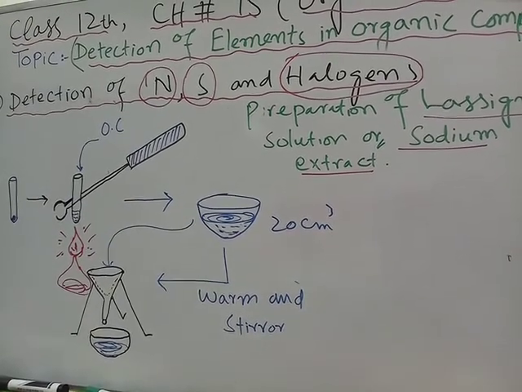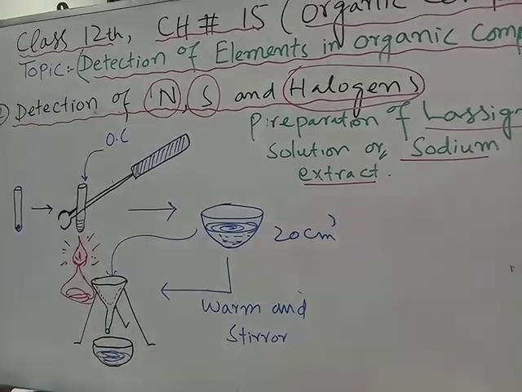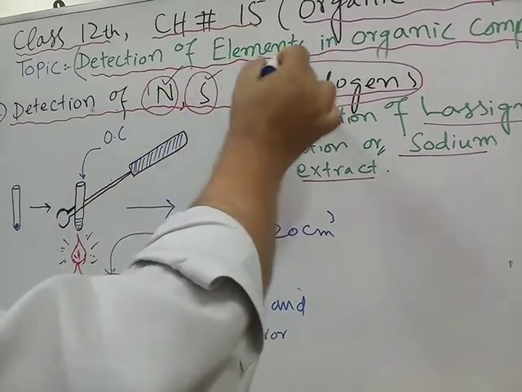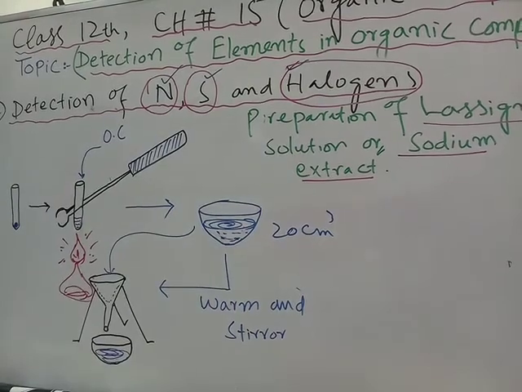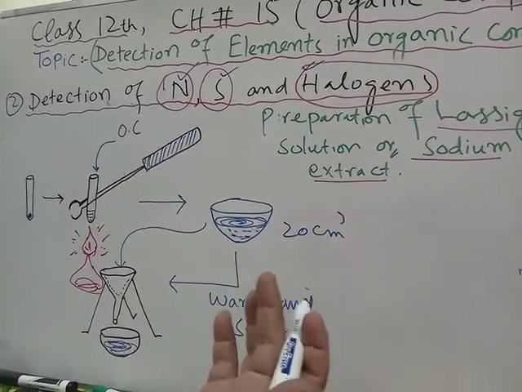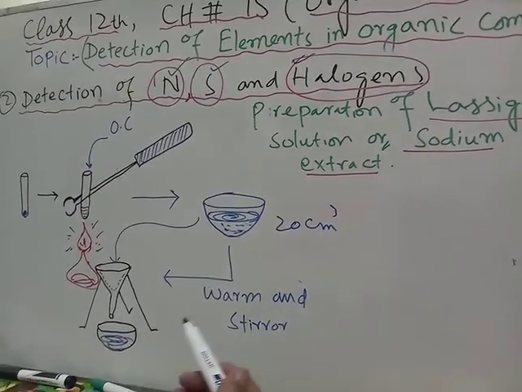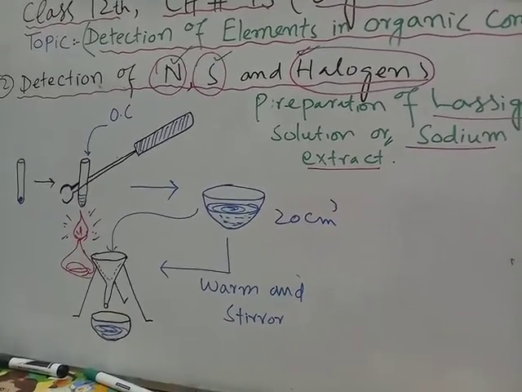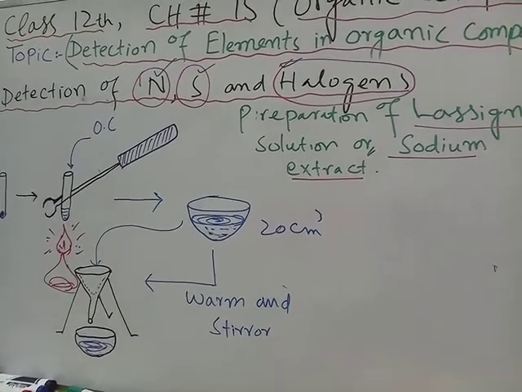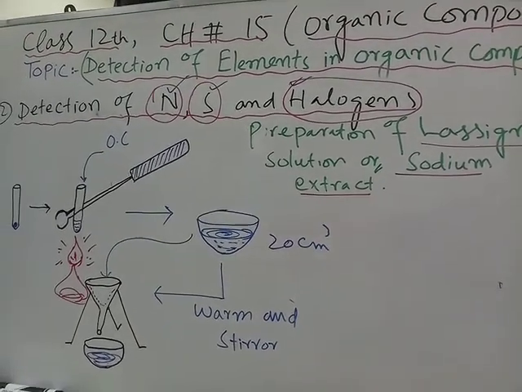So now we will use this Lassaigne solution for the test of nitrogen, sulfur and halogens. Why are we going to prepare the Lassaigne solution? Most organic compounds are non-polar, and when they are non-polar, they are insoluble in water.